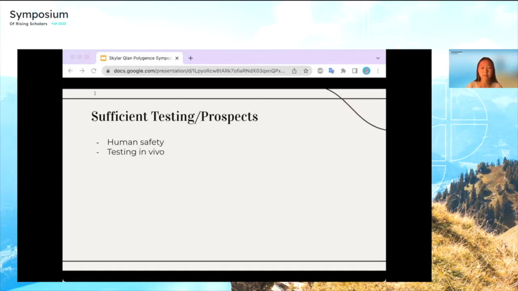In addition to the overall safeness of the nanocarriers, we also have very few tests of how the nanocarriers act in the human body, as most of the tests are done in petri dishes, which poorly resemble the human body and omit many important factors, such as the biological barriers. So even though nanocarriers have great potential, these issues need to be resolved first before they can actually reach the market.